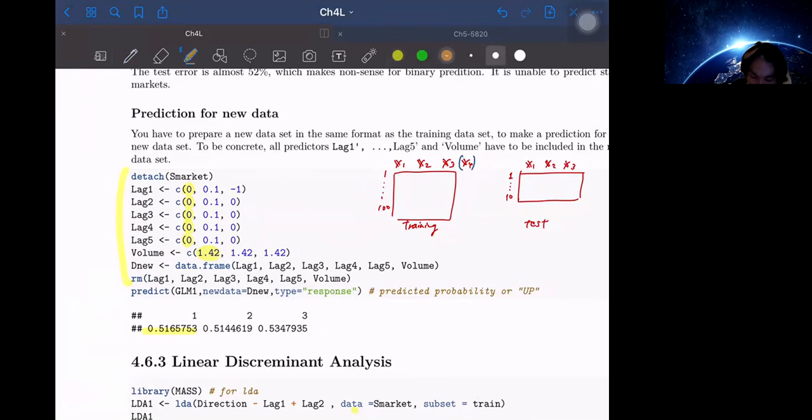So that's why we define lag1, lag2, lag3, lag4, lag5, and volume, and create the data frame with these variables. This basically removes the original variables. We created this, but after that, we created the new data frame. So lag1 is within the new one, and also we have the global lag1. So we delete this, removing these objects. Then we can do prediction.